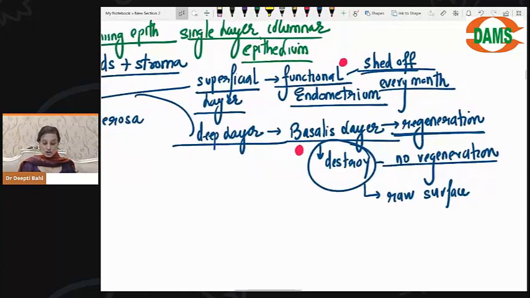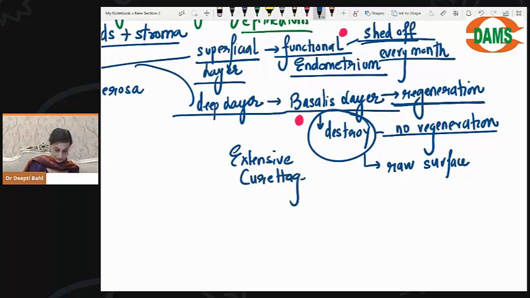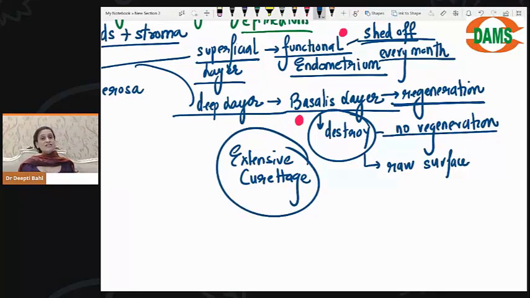This is what is called a curettage. When you remove these layers, it's called a curettage. If you do an extensive curettage, you can actually destroy this layer, and as a result the endometrium is left only with a raw surface.